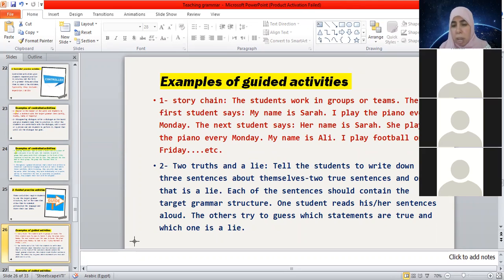I think, yes, you watched TV, you cooked the fish, but you didn't visit your grandparents. So this is a lie, okay? So here the students themselves will use the target grammar structure while speaking about these sentences. So this activity is 2 truths and a lie.